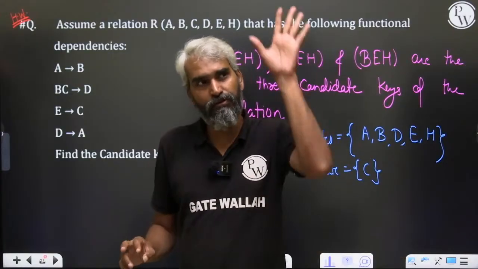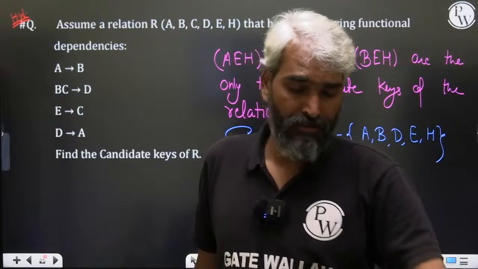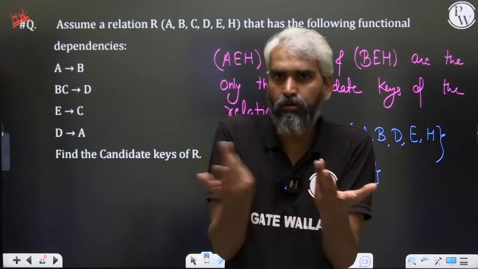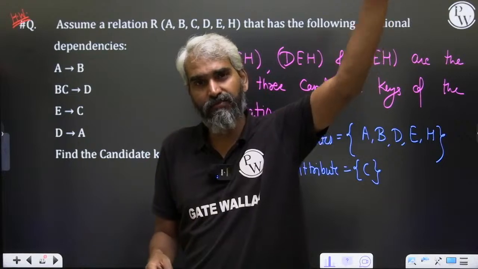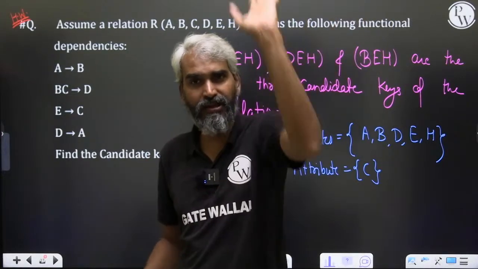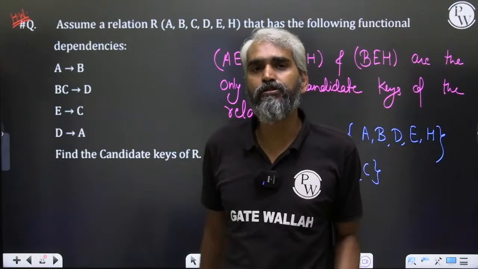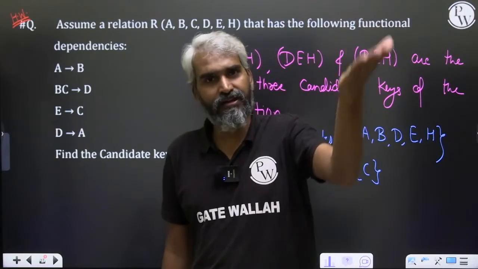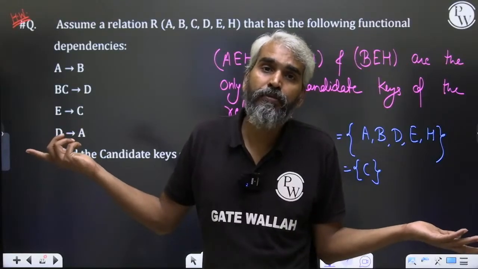In the question, there will be a relation, the attributes of that relation, and some FDs. I don't know what is being asked, but if there is any question in which a relation is given, along with the relational schema, the attributes will also be given. And if the FD set of that relation is also given, then you will be able to find the candidate key of that relation. You will ask, from where do we get the practice questions?